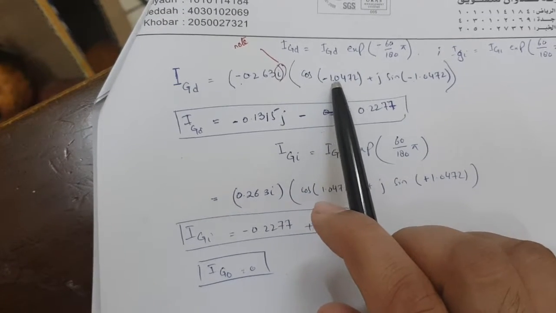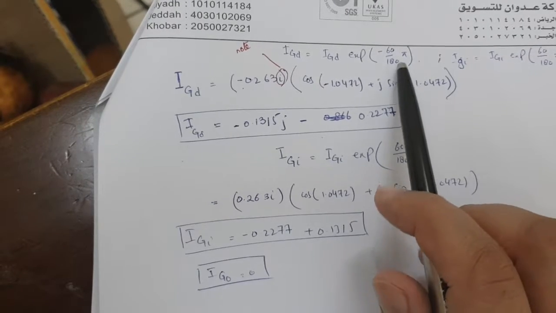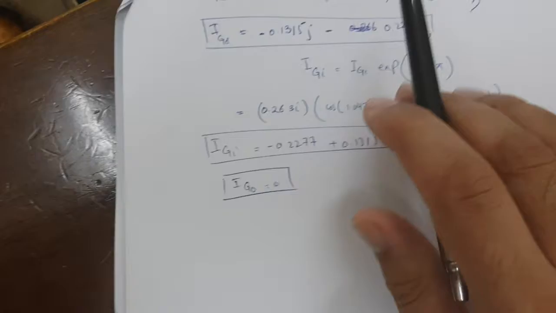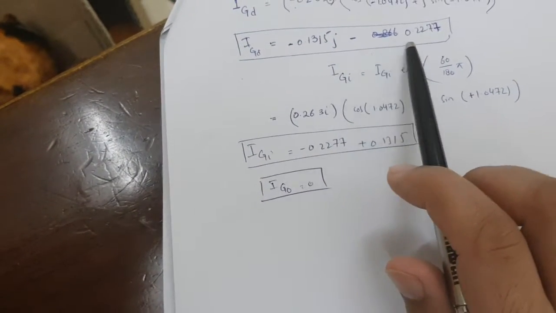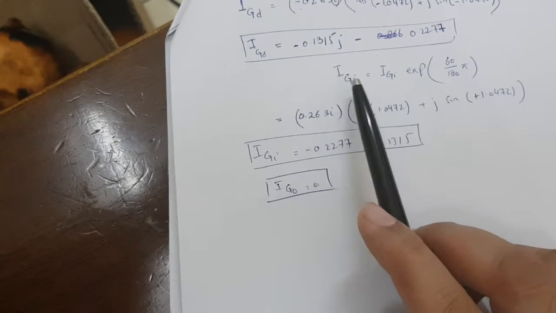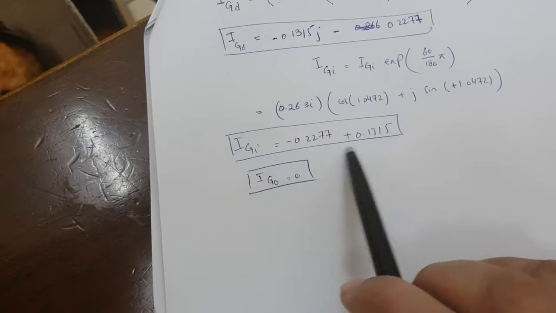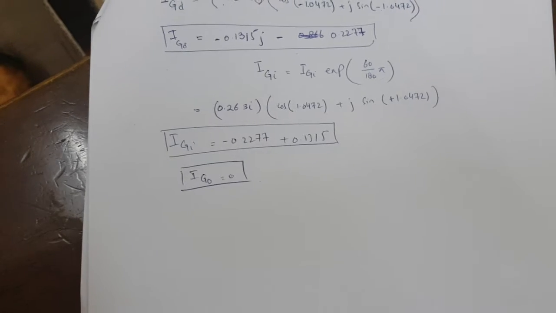Cos minus theta plus j sine minus theta. This 1.0472 is just the simplification of 60 divided by 180 multiplied by pi. You will get this value: minus 0.22 minus 0.13 iota. Similarly, for negative sequence, you put these values, and by using the calculator you will find this value directly. I hope this helps. Thank you.